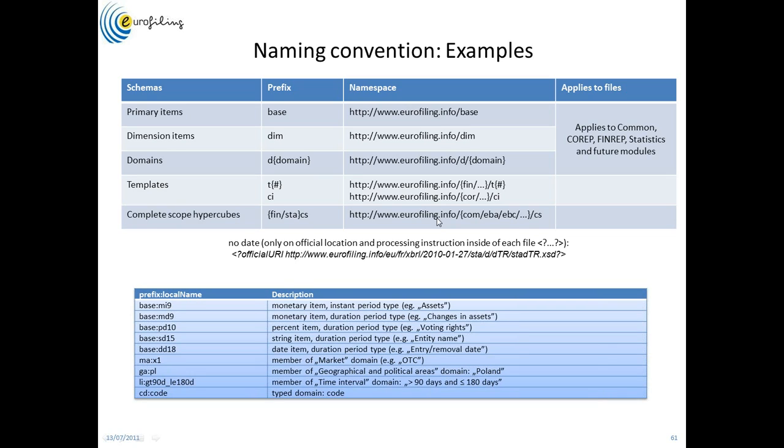And the same for the naming convention of primary items and dimensions. We simply use a specific code, where sometimes we try to identify some of the semantics, sometimes not. In case of primary items, we identify data type, then whether the element is instant or duration, and then there is a sequential number. But if there is any code applicable, for example, the ISO code, we try to use this as the name of the element.